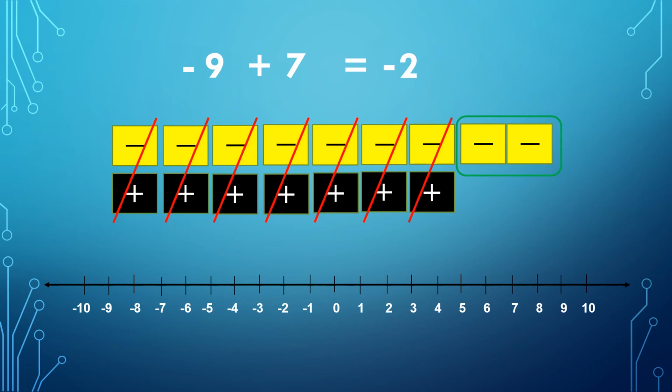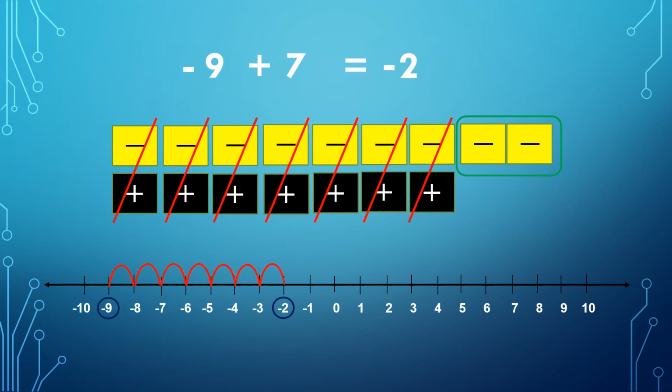Using the number line, we start from negative 9 and count how many units to the right. Yes, we count 7 units to the right, so let's start counting. 1, 2, 3, 4, 5, 6, 7, and it stops at negative 2.